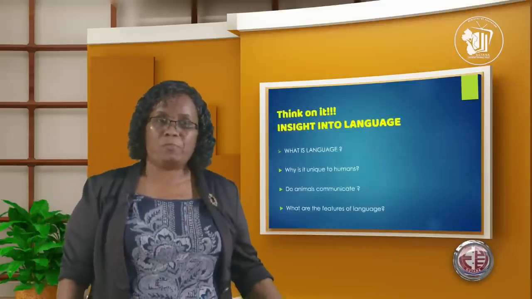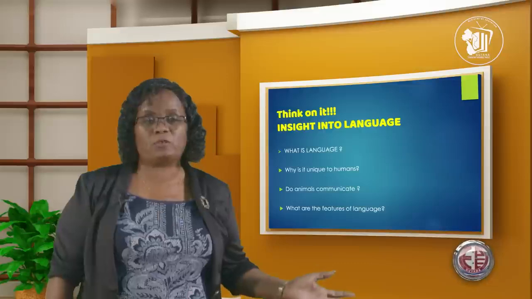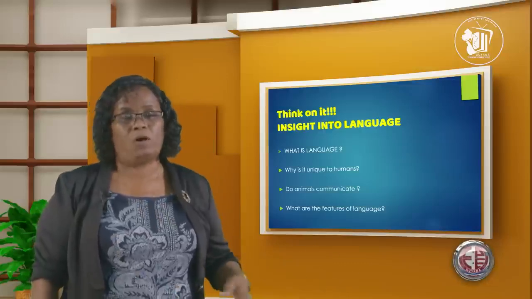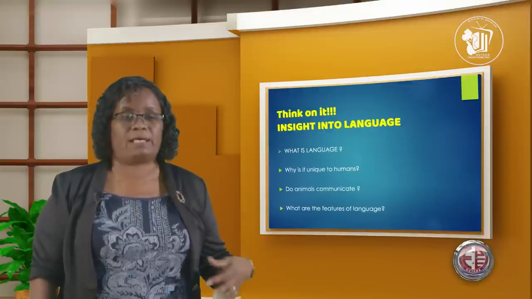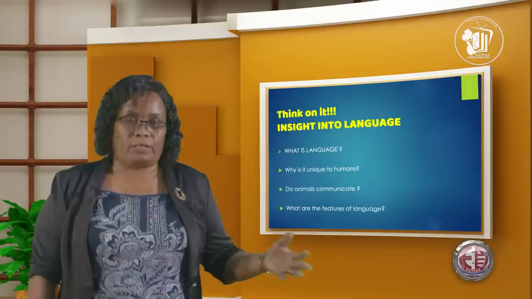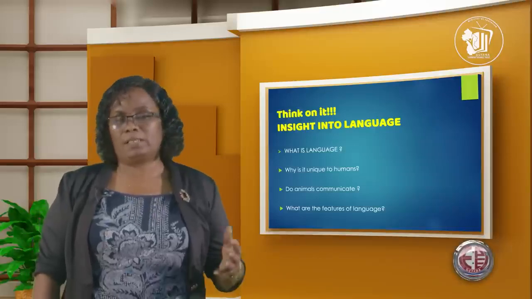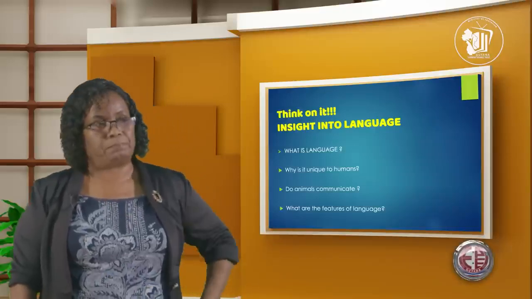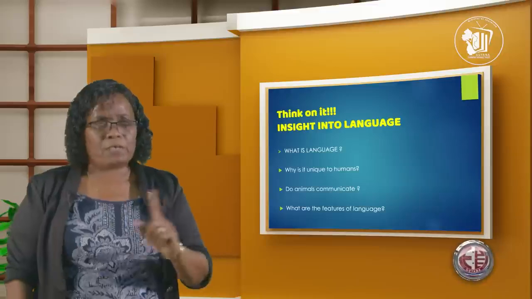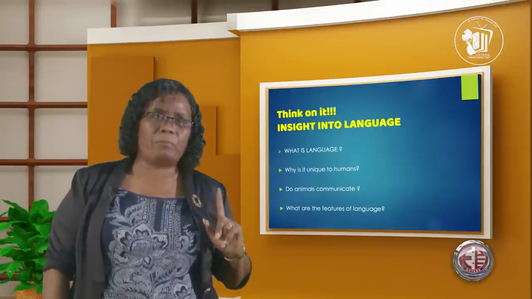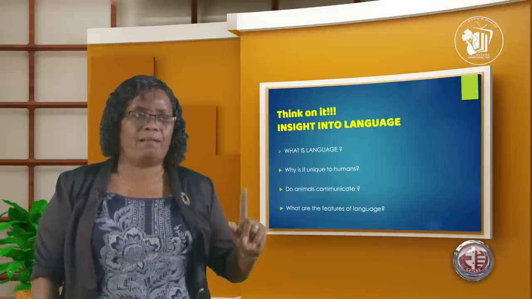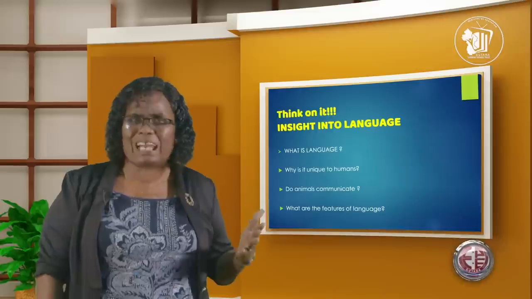All right, so we're moving into, that was the course overview, what it is, what the objectives are, and what your assessments are. So let's think about this. The first topic on your course outline is language. What is language?